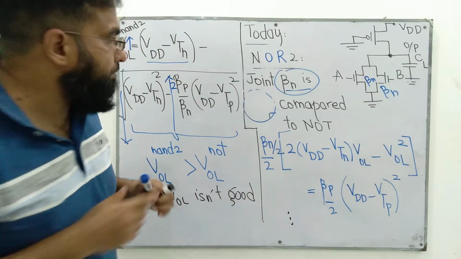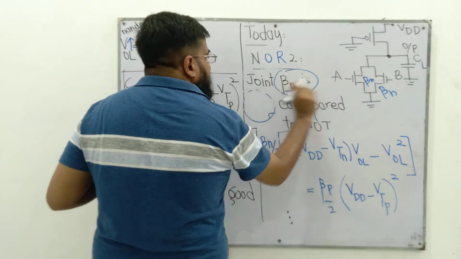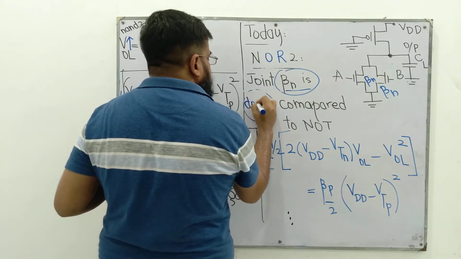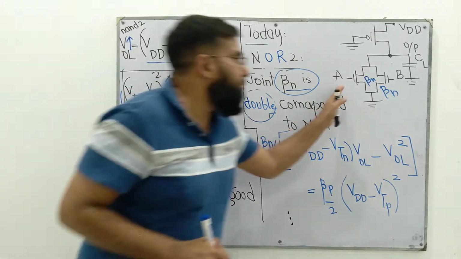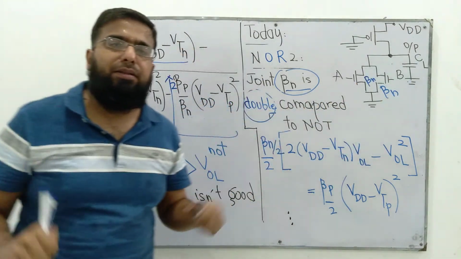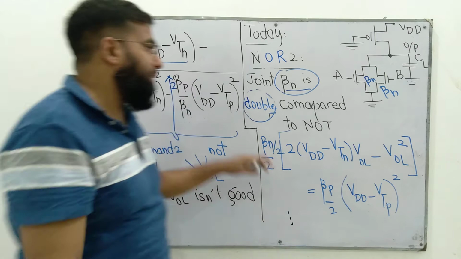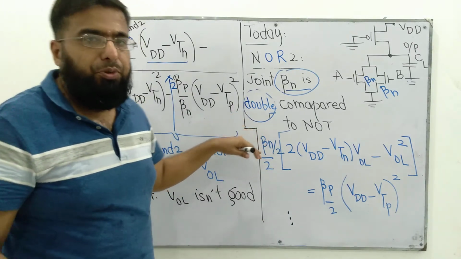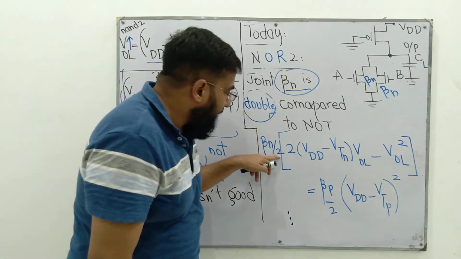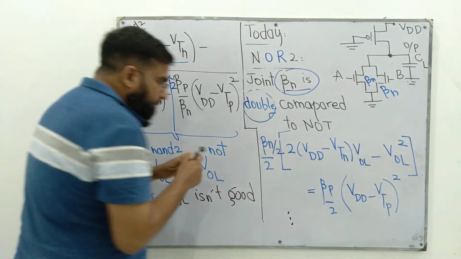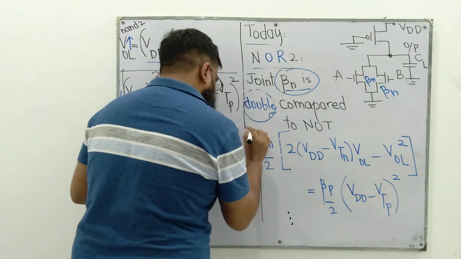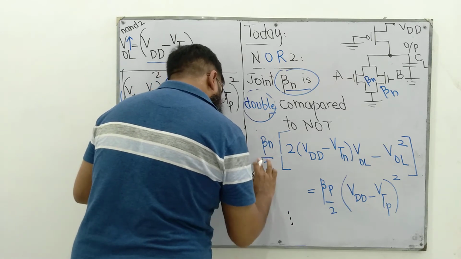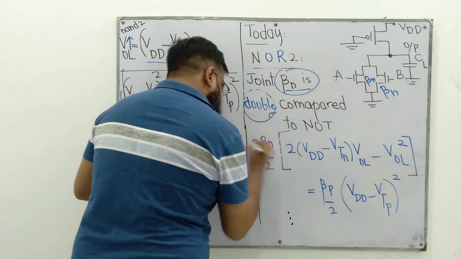So now the joint beta n is double in case of NOR2, because now we have two resistors in parallel. The resistance is half, beta is doubled, because beta is a quantity that is inversely proportional to resistance. So instead of beta n by 2 here, we'll have a term that is 2 times beta.